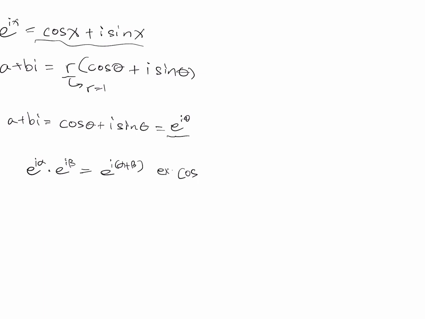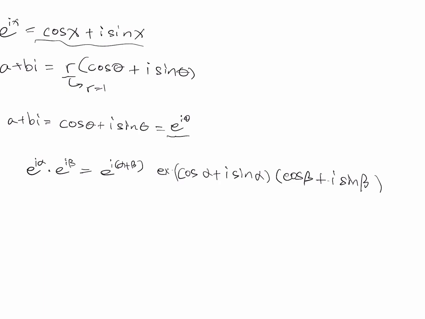Okay, this is pretty good because now, for example, we have cosine alpha plus i sine alpha. This is, as we know, a complex number multiplied by another complex number, which is cosine beta plus i times sine beta. Normally we will have to open the brackets and multiply every term by each other, right?